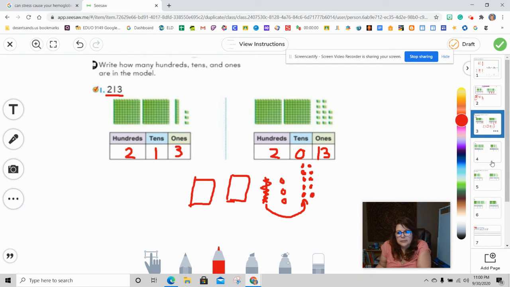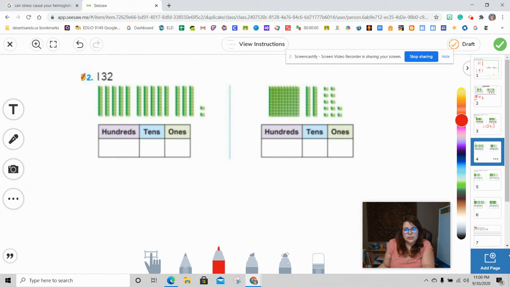Okay, so I'm going to do one more just to show you. Now, we're going to say exactly what we have here. We don't have any groups of 100, so I know I'm going to put 0 here. Now, I might have 100 in the tens, but they're not grouped together. They're not in one group of 100.